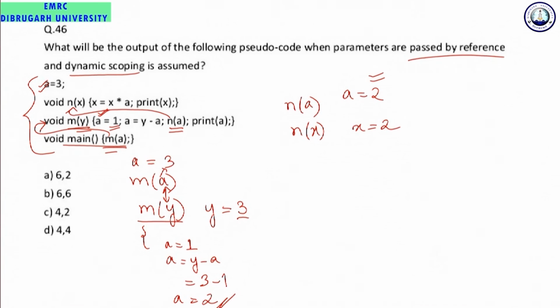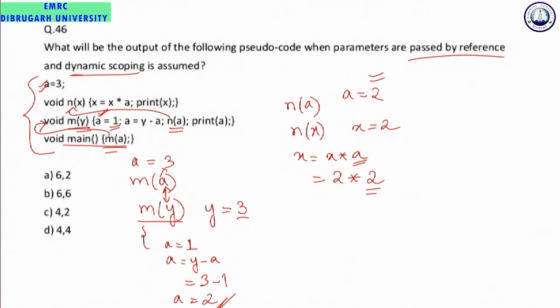Now you can see here that x is equal to x into a. So what is your x? Your x is 2. What is the value of a? Value of a is equal to 2. Why is the value of a equal to 2 and why is it not 3?